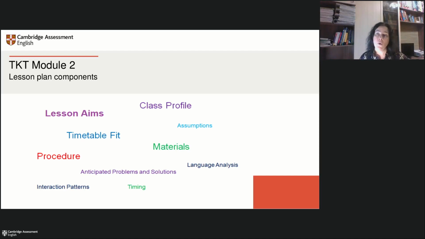Okay, so I think all of these components are very important, to be honest. And I would recommend creating a procedure, keeping in mind your lesson aims, but then refer to your class profile. Probably you've taken some notes about your students, you know their strengths and weaknesses, their preferences, and so on, and see whether that lesson makes sense, and if not, what changes you can make to improve it.